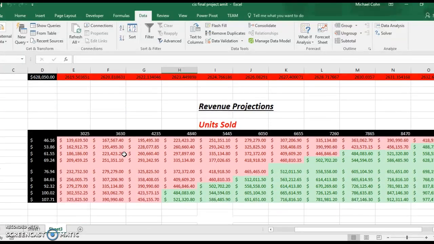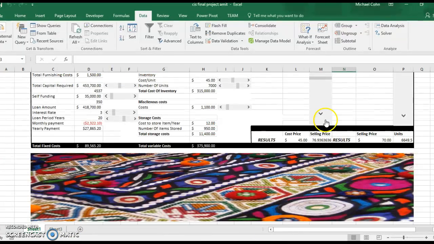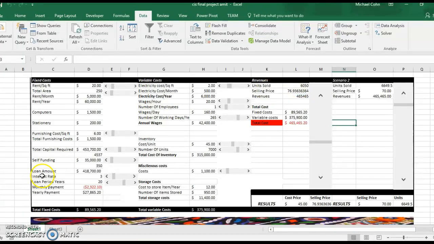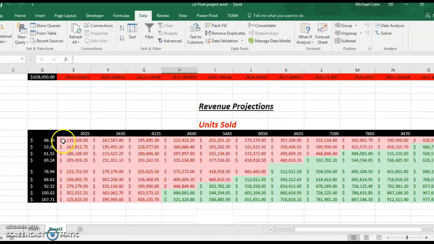The second chart is a revenue projections chart. On the x-axis of the revenue projection chart, you have the amount of units you're going to sell, that is 6,050 units, again taken from your initial projections, and the range is from 50% of that value to 150% of that value, as well as the selling price per unit is on the y-axis of the chart.